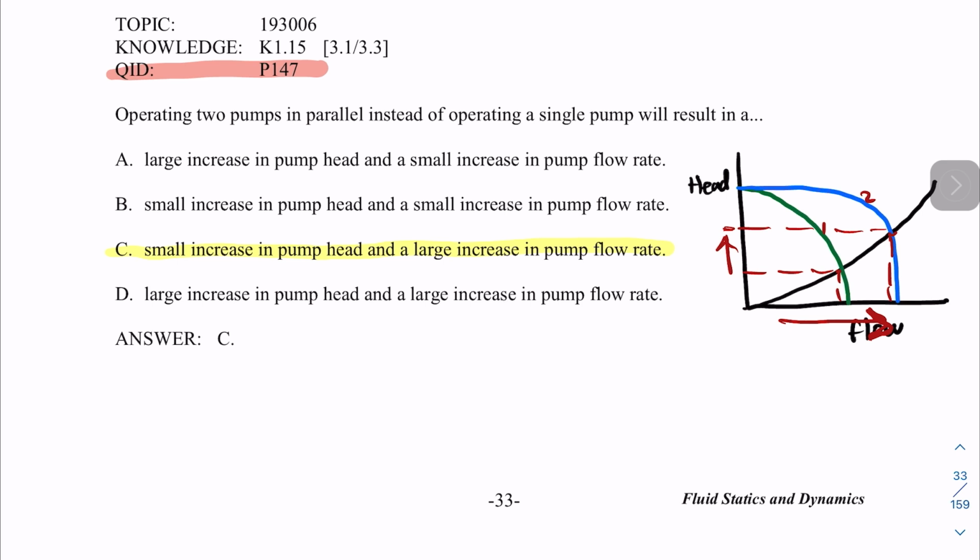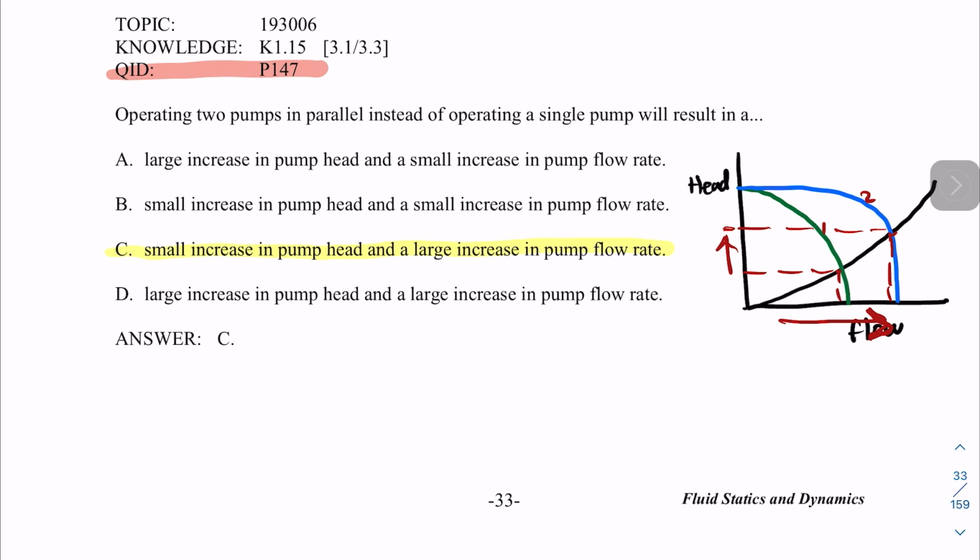My graph is not the best, but usually we're going to get a small increase, so the increase in the pump head is not going to be as large as the increase in the flow rate, right? So we're going to get a smaller increase in head but a larger increase in flow, right? And this is the answer to that.